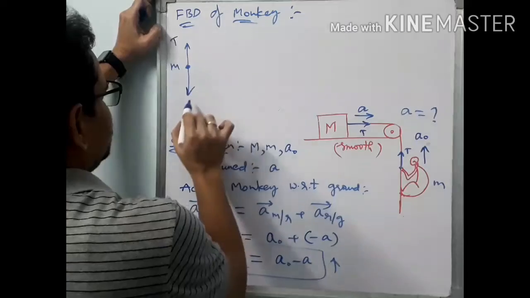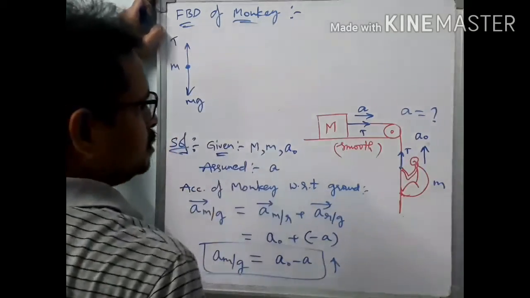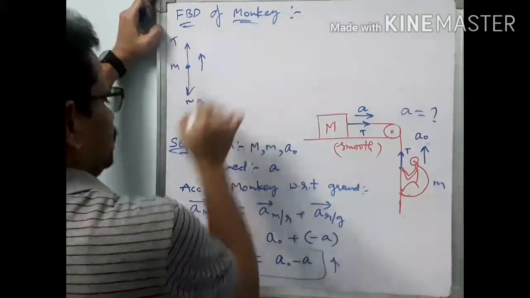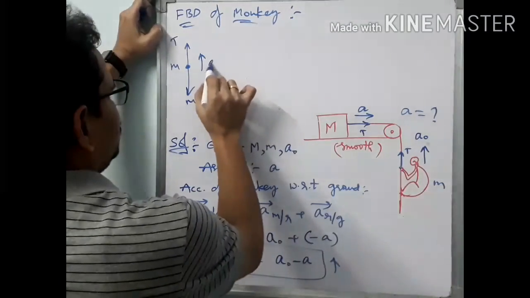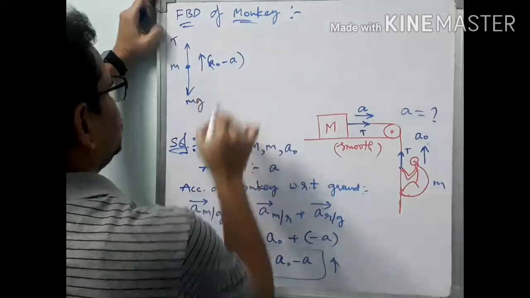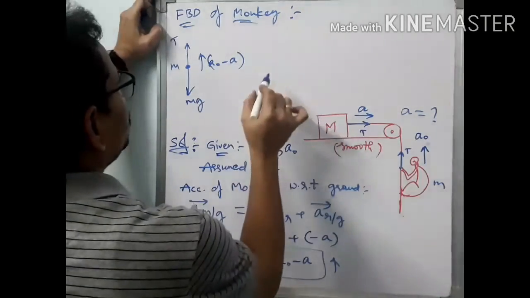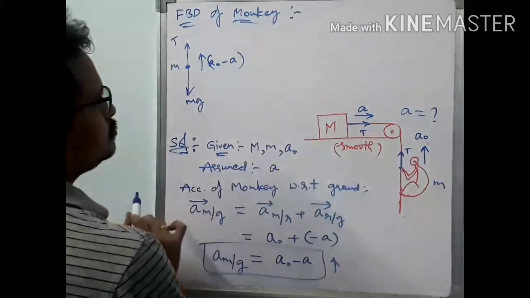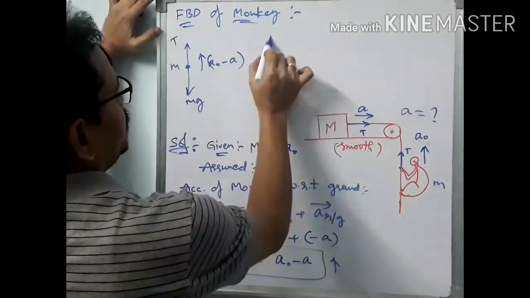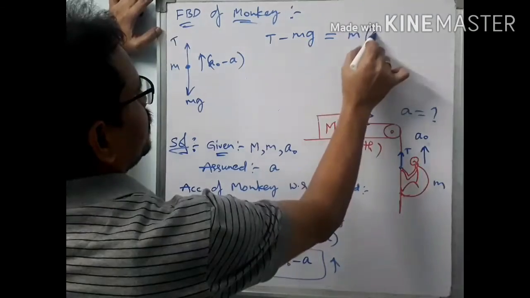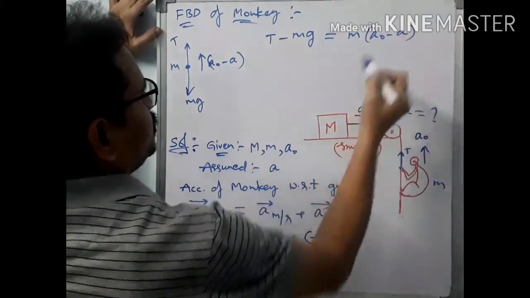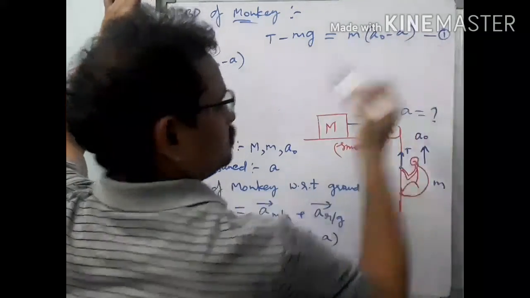So one more force is mg downwards, and its acceleration is not A naught. A naught minus A is the acceleration with respect to the ground. So now what is the equation here? Force equation. T minus mg equal to m times (A naught minus A). This is equation 1.